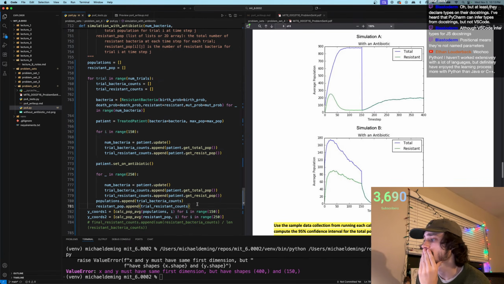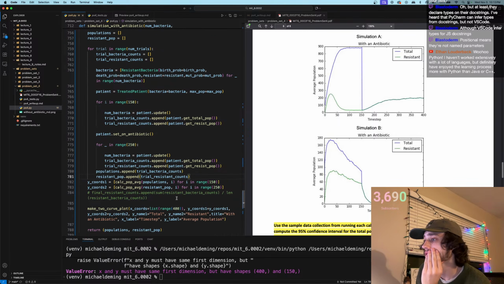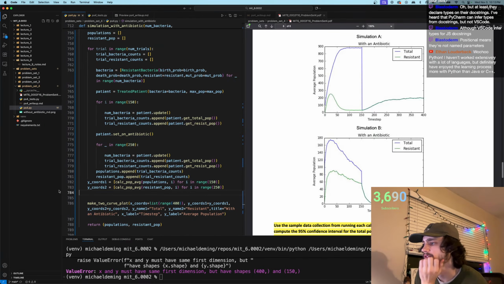So x coordinates, so then what we're going to do is now we have 150 within our x and our y.